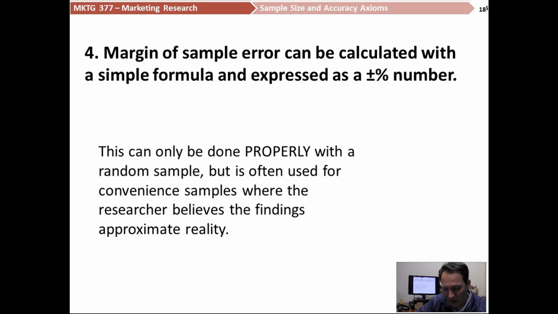In other words, we're not talking about convenience samples or non-probability samples where the researcher believes that the findings approximate reality. Although, I'm just going to tell you, researchers do it all the time, where they take a non-random sample and then put plus or minus on it. They say, well, we know that it's not random, but if it were random, this is what the margin of error would be.